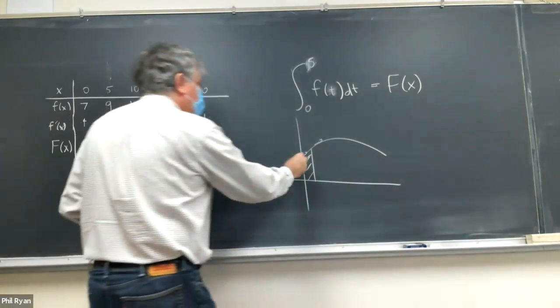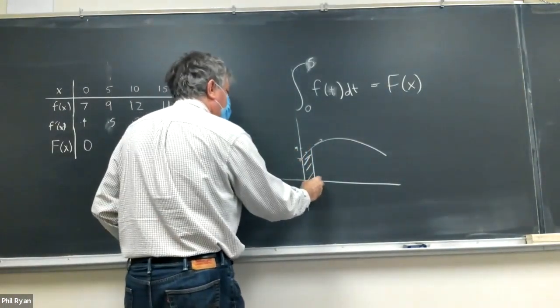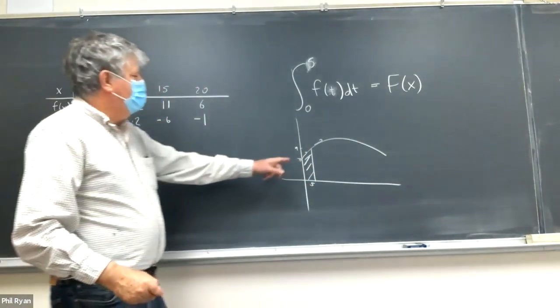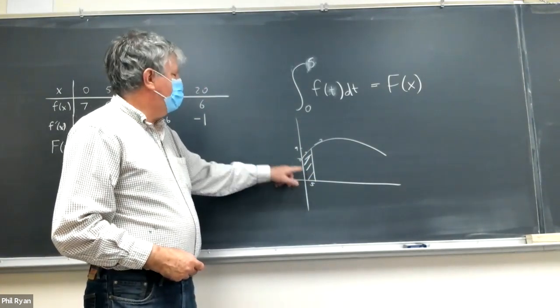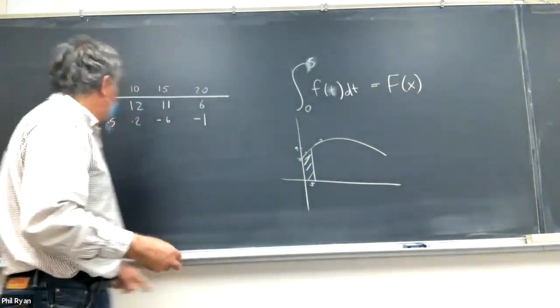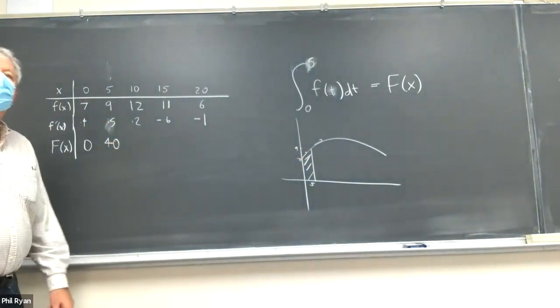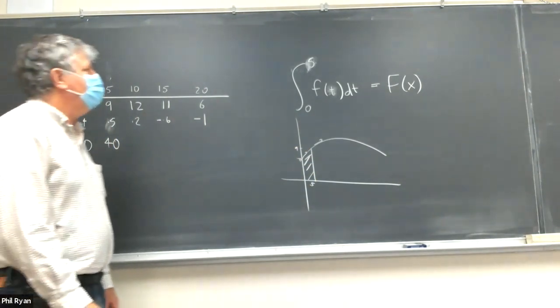So here the height is 7, here the height is 9, the base is 5. So the left-hand sum is 7 times 5 is 35. The right-hand sum is 5 times 9 is 45. We take the average and we get 40. Okay.